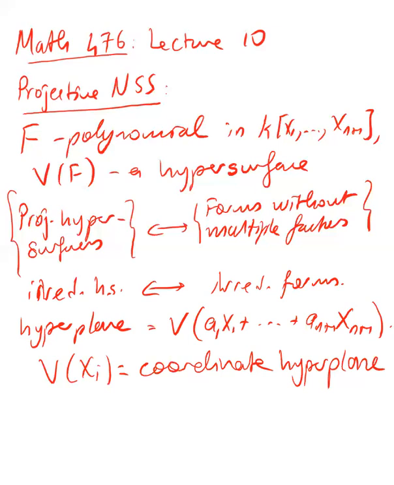This is the set of all points [x1, ..., xi-1, 0, xi+1, ..., xn+1] in homogeneous coordinates, where the ith coordinate is 0 because xi is 0.